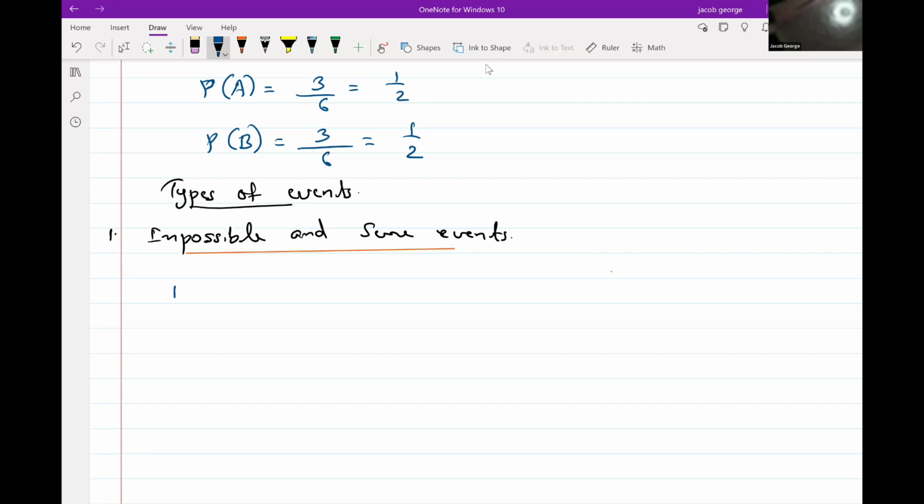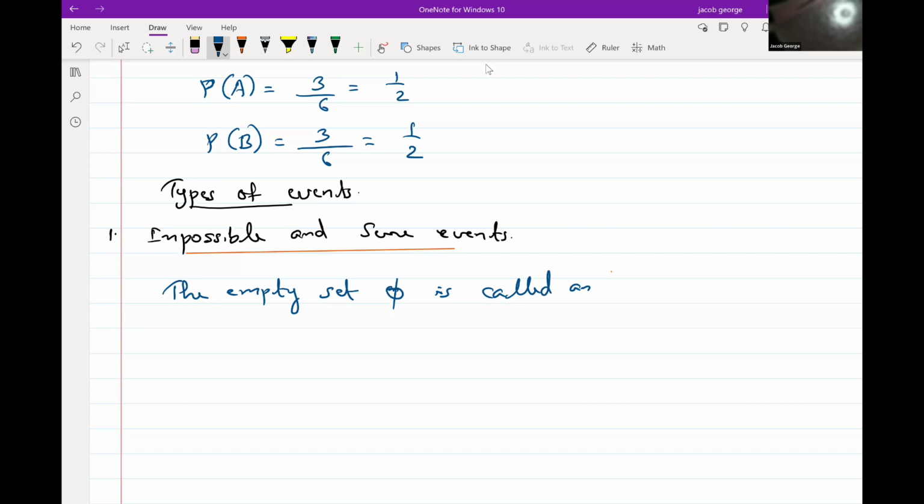The empty set, the null set symbol, is called an impossible event.